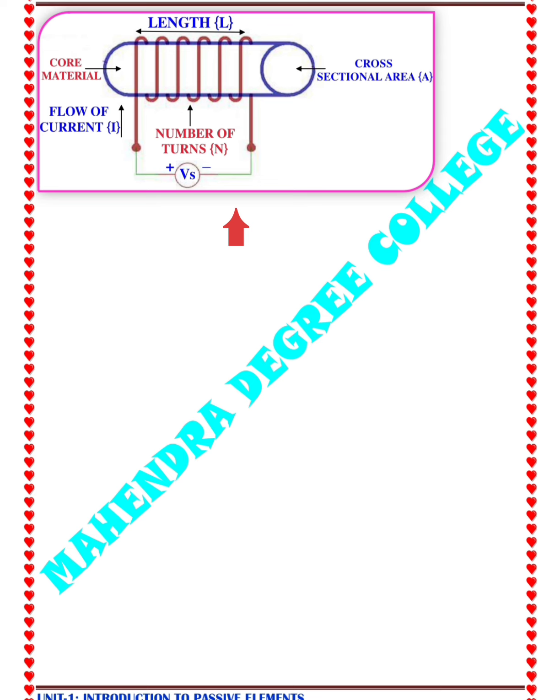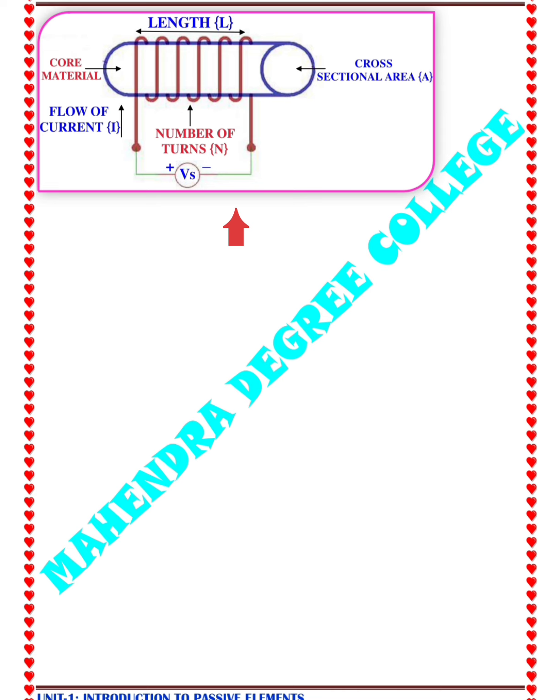It helps to increase the magnetic field strength. Where number of turns N: the wire is wound around the core in loops or coils. The total number of loops is called the number of turns. More turns means more inductance.